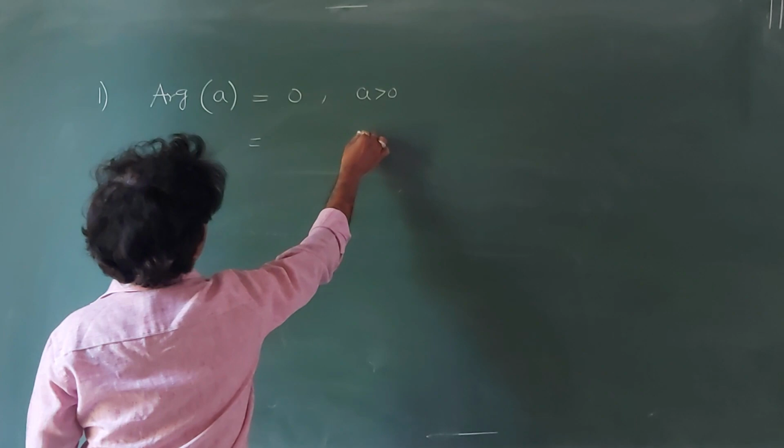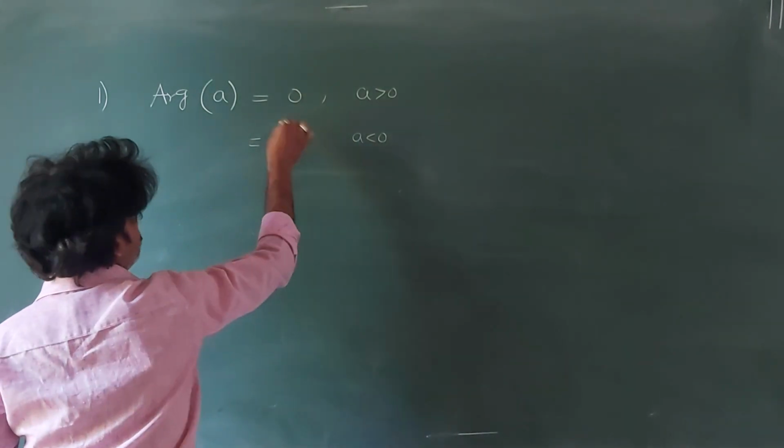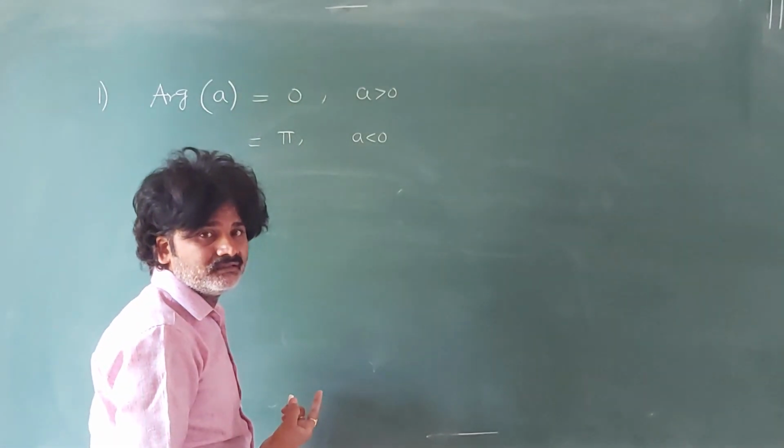If you take a negative real number, then its argument is pi.